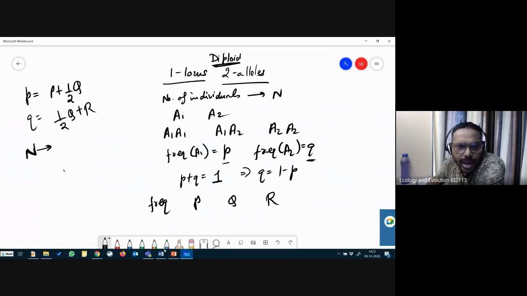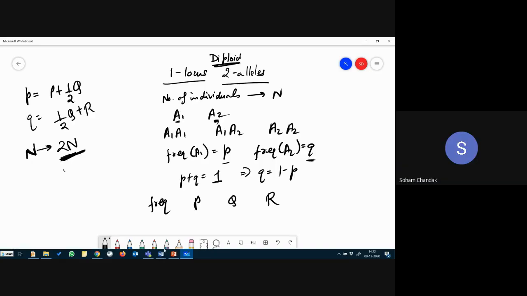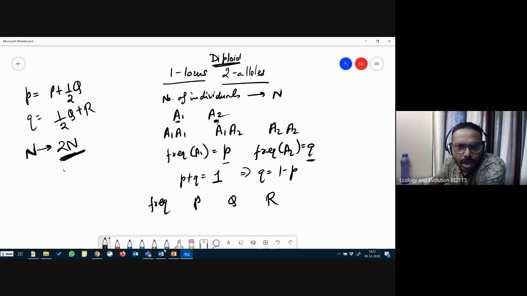If there are n individuals, then the total number of alleles in that population is 2n, right? Some of which are type A1 and some of which are type A2, but their total number is going to be 2n, correct? Yes, sir. Now, let's think about the ones who have the A1 allele.